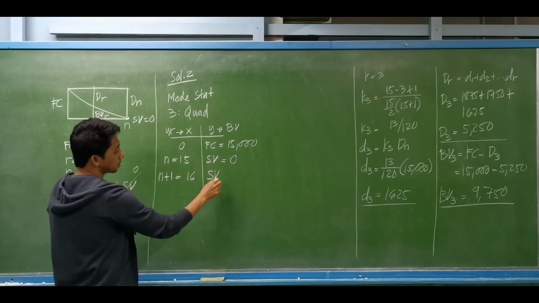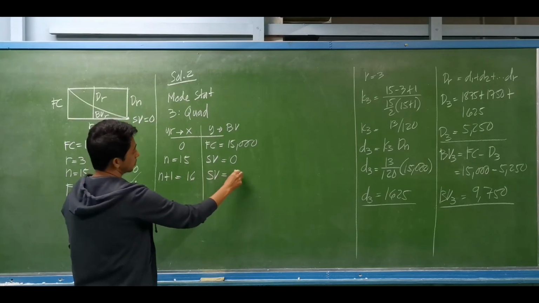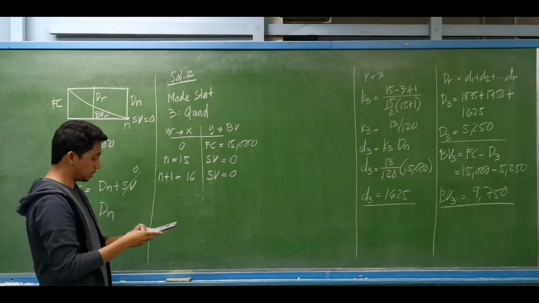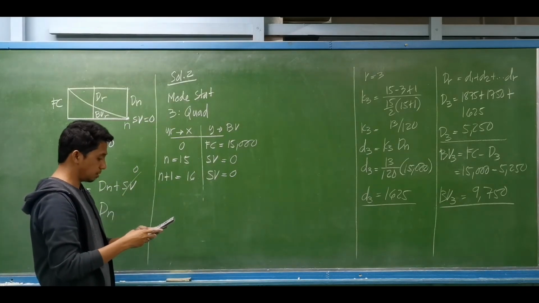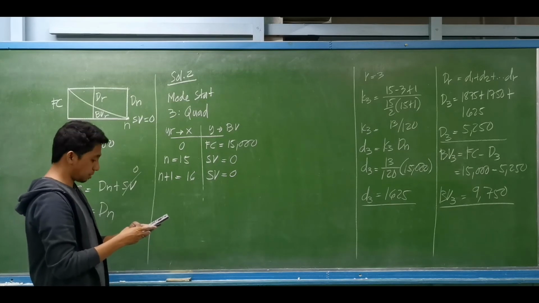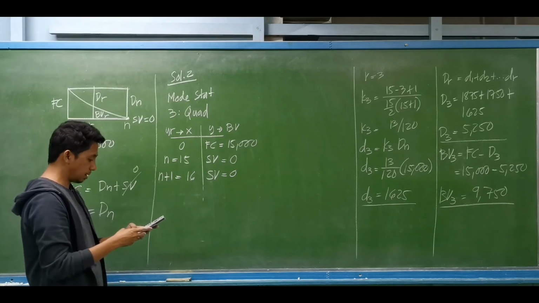Then repeat the salvage value, which is 0. So let us input the data: 0, 15, 16; salvage value, first cost 15,000; salvage value 0, 0.